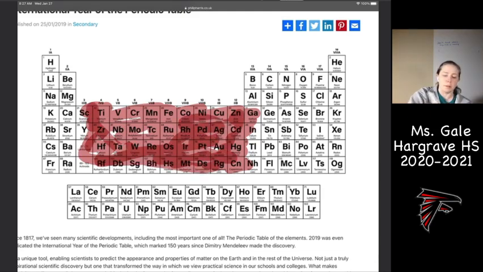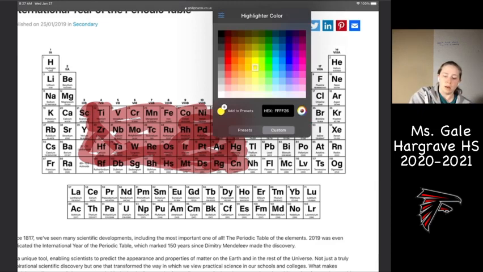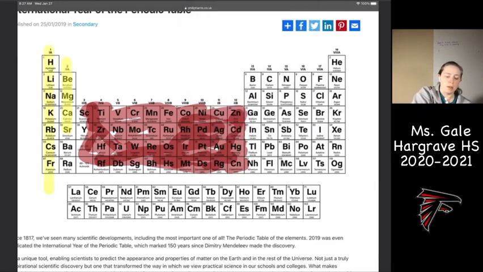We are just focusing on group 1A, 2A, 3, 4, 5, 6, 7, and 8A. That's all we care about right now. It might change in a little while, may not. But right now, those 8 columns are all we're focusing on.